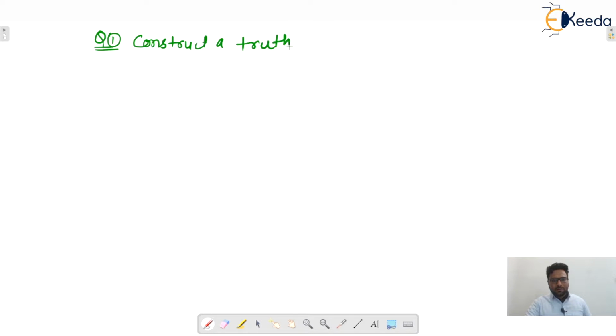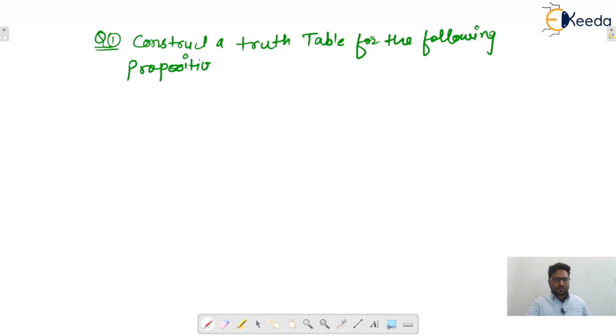Construct a truth table for the following propositions.